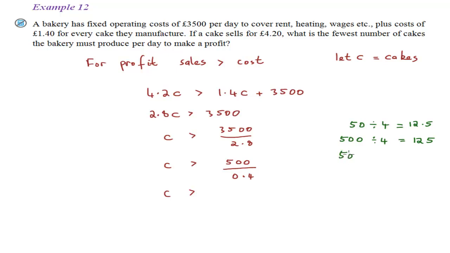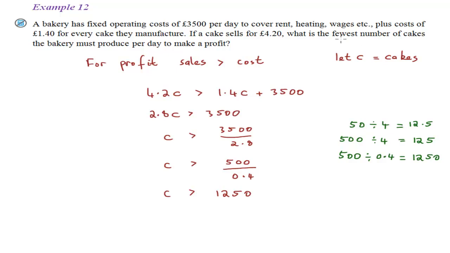And then finally, 500 divided by not 4, but 0.4, so something 10 times smaller. When you divide by something that's getting 10 times smaller, your answer would be 10 times bigger. And there's one way, and there are other ways, but there's one way of dealing with 500 divided by 0.4. So that turns out to be 1,250.